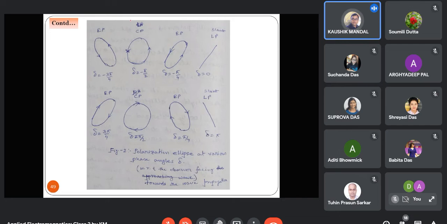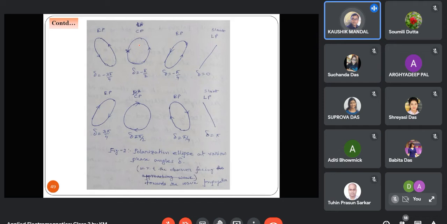Left-hand sense of polarization means the rotation will be counterclockwise. What about the condition of the observer? That means with respect to the observer facing towards the wave propagation, the observer is looking in the direction the wave is going.